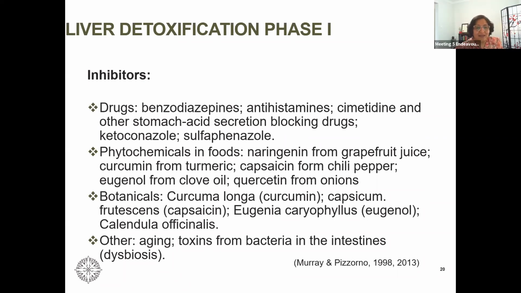I'm waiting. Let everybody get a chance if they have anything to say. I think I agree with Kathleen that if you aren't taking a drug that's going to affect the CYP 450 pathway, then it's fine to take.